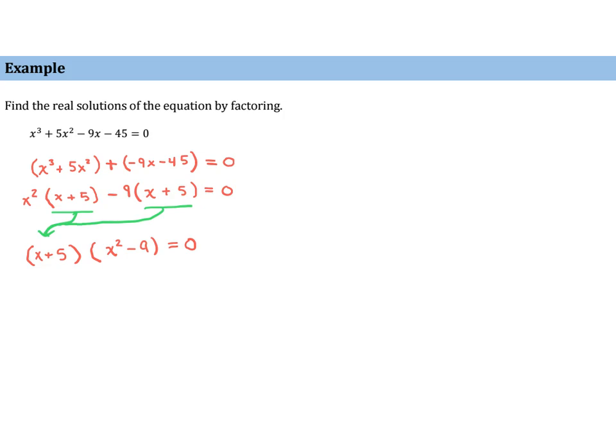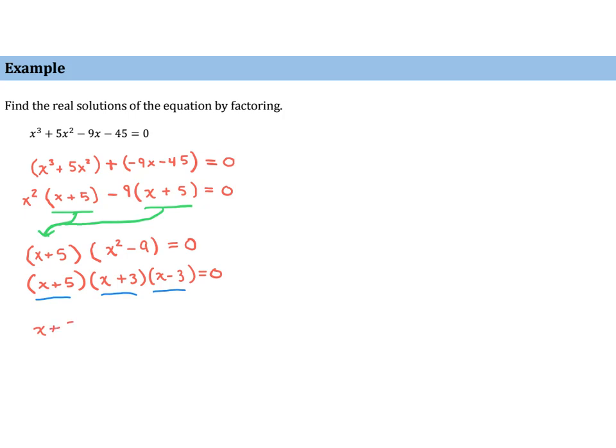So now we can factor further. X squared minus 9 is a difference of squares. X plus 3 times x minus 3. So now we have three things being multiplied, and their product is 0. That's only possible if at least one of them is 0.